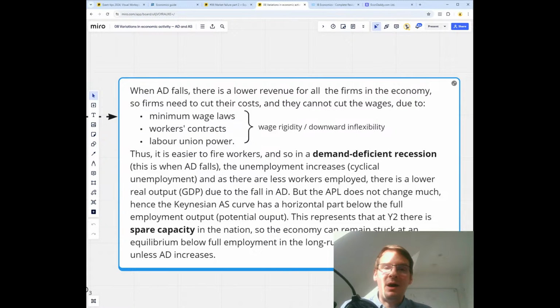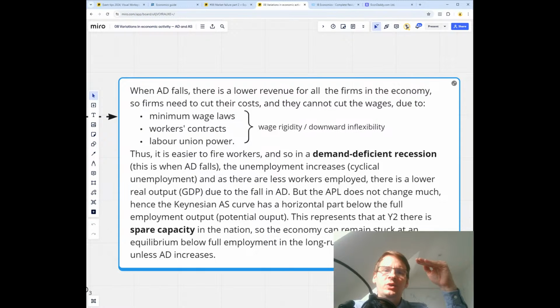Also, labor union power. If you have strong labor union power and you want to reduce the wages, they will go on strike and you will make an even larger loss for your company. So for all these reasons, companies during recessions tend to lay off workers, and that's how they cut costs instead of cutting wages.